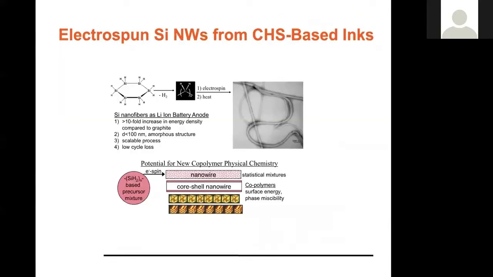So just going back to the silicon nanowire example, they can be made with diameters less than 100 nanometers. And this 100 nanometers, or actually below 150 nanometers, is critical to one thing that's been a challenge in the past with silicon-based materials in anodes, which is that the volumetric expansion leads to rapid loss of cell stability.